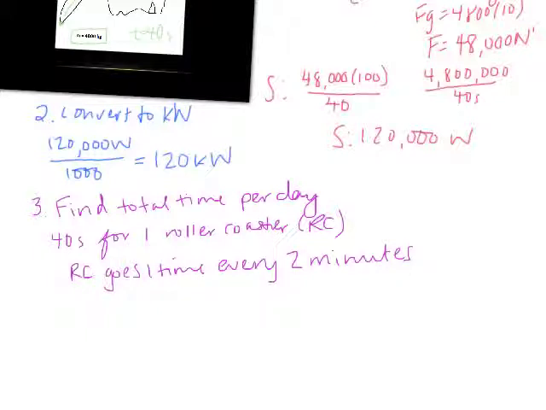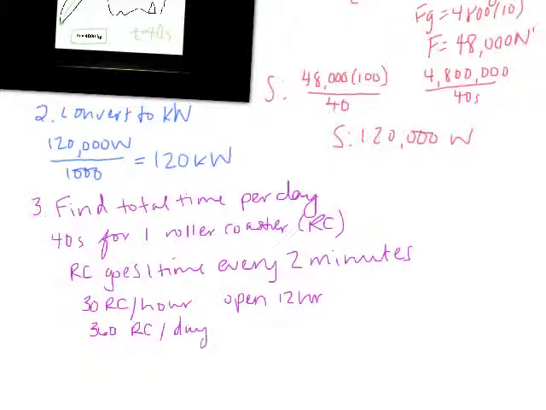From here we have to think about how many times that's going to happen in a day. Let's start a little smaller. If it happens once every 2 minutes, how many times will it happen in an hour? This would be 30 roller coasters per hour. Let's say the park is open for 12 hours, which is probably a minimum for most amusement parks. So 30 roller coasters per hour over 12 hours gives us 360 roller coasters per day.